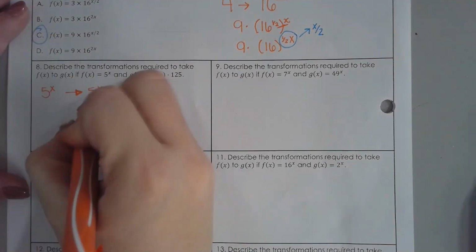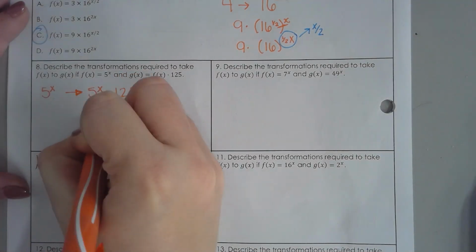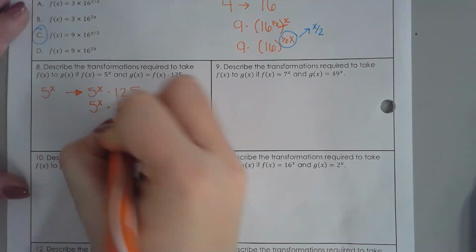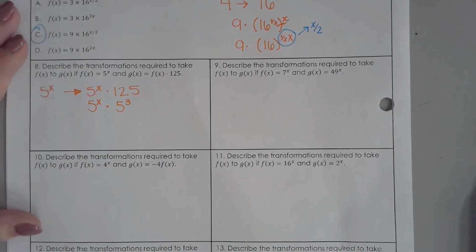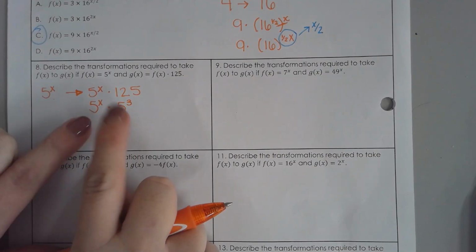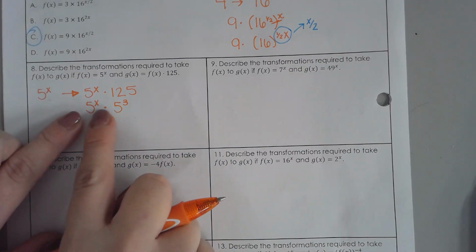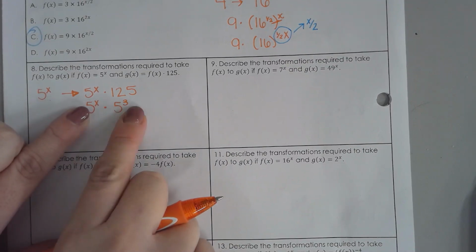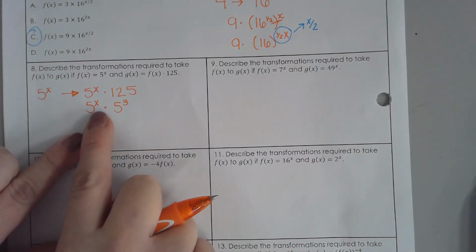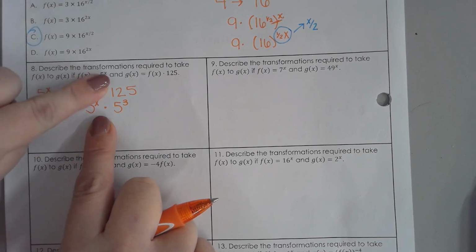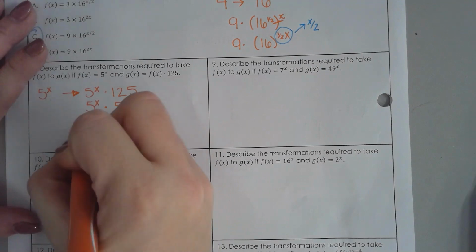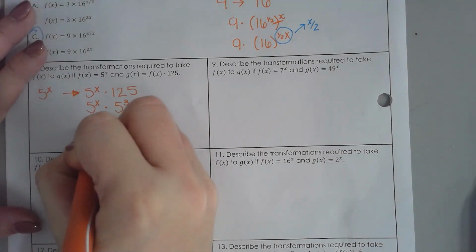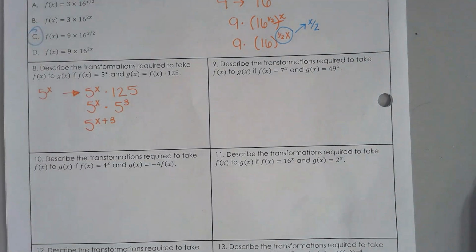So I can rewrite that as 5 to the x times 5 cubed. Since these are both 5 to some power, what do I do with these exponents? You add them. When you're multiplying 5 to the x, 5 cubed, you add the exponents. So 5 to the x plus 3.